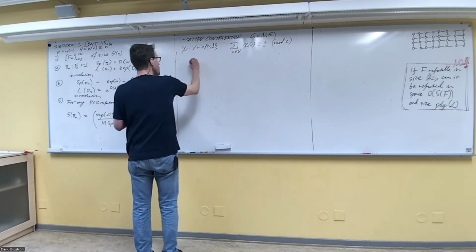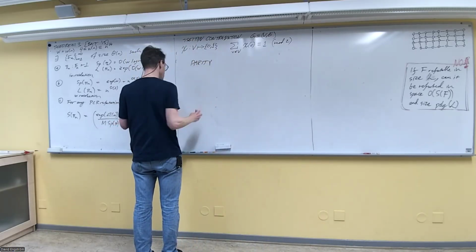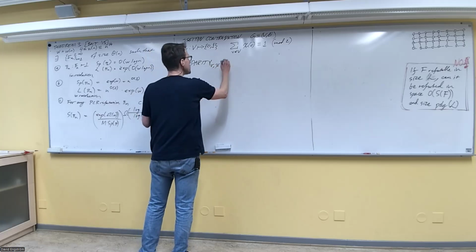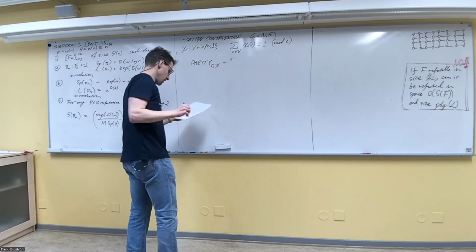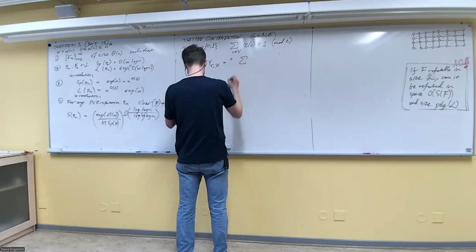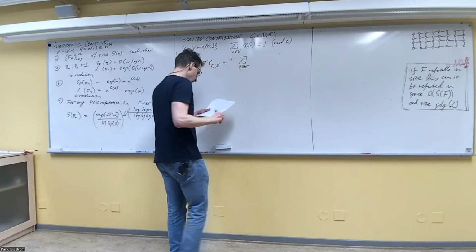And Tseitin formulas are basically, for every vertex, I write down in CNF encoding the parity constraint that says, for a vertex, look at all the edges that are incident to that vertex.